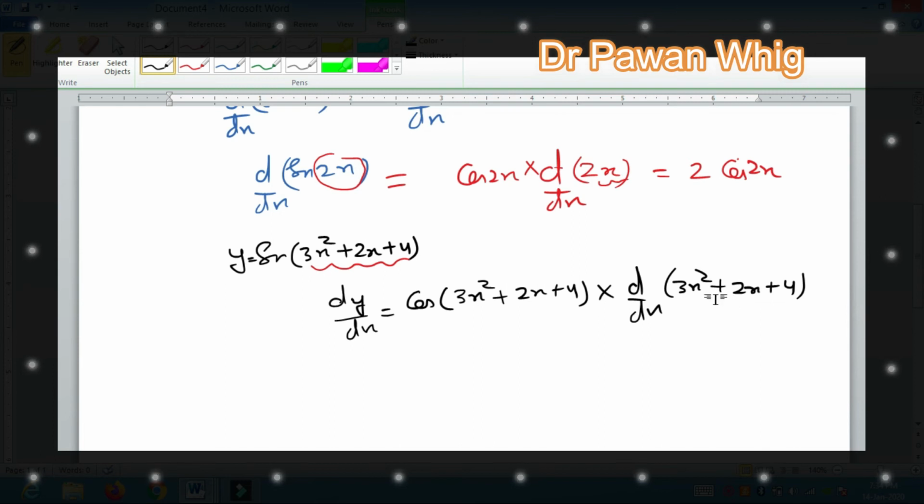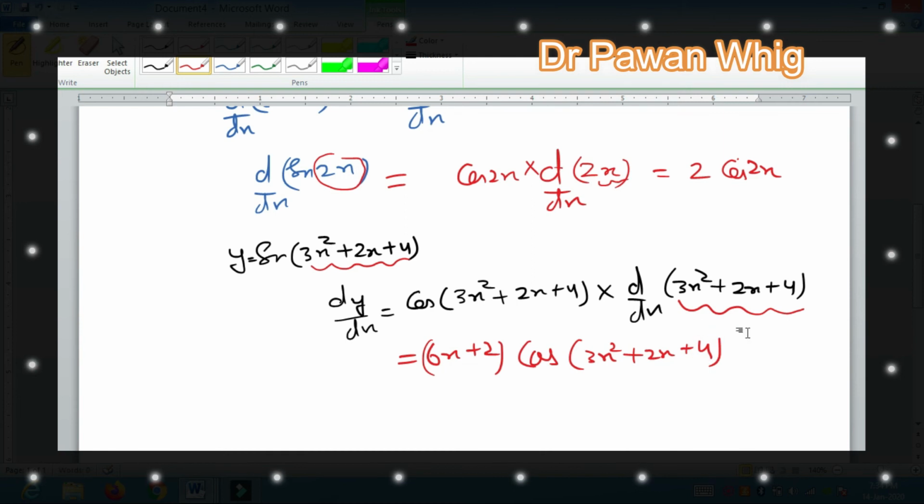So the net answer would be 6x plus 2, the differentiation of this, because 4 is constant and its differentiation is 0, multiplied with cos theta. So this is your net result.